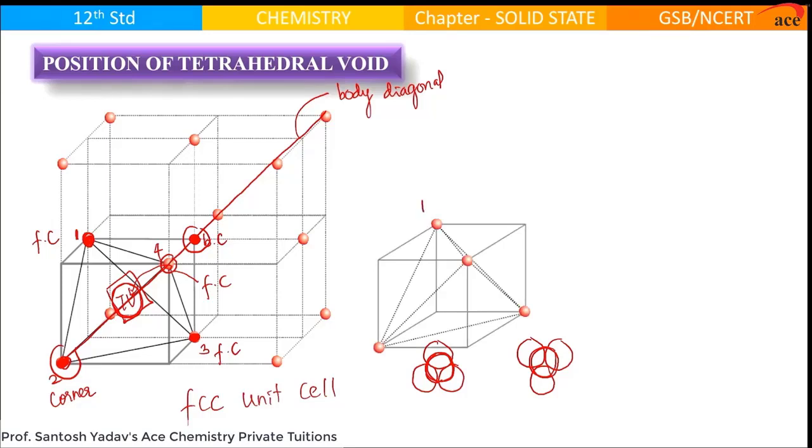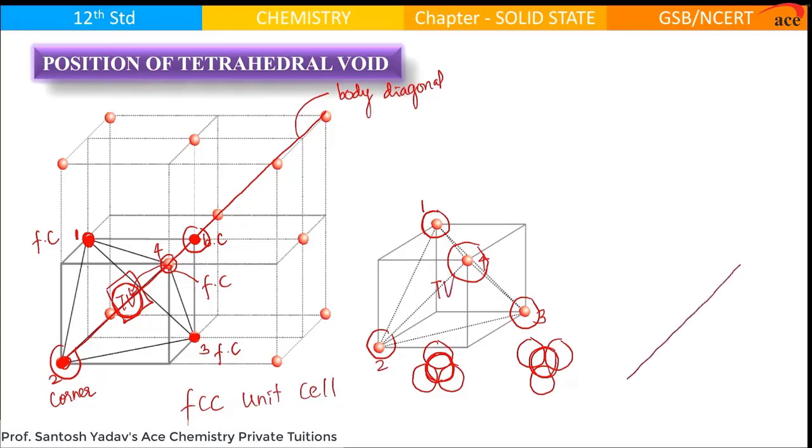You have to imagine sphere number 1, sphere number 2 and sphere number 3 making a triangle, and sphere number 4 placed over those 3 spheres. Then whatever empty space you get will be called a tetrahedral void.